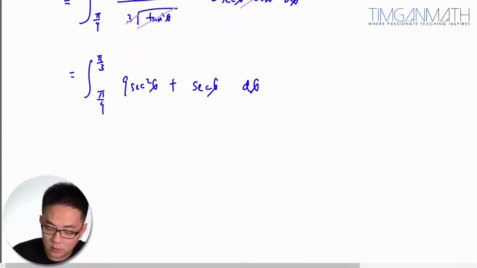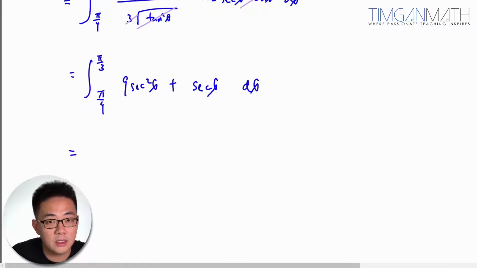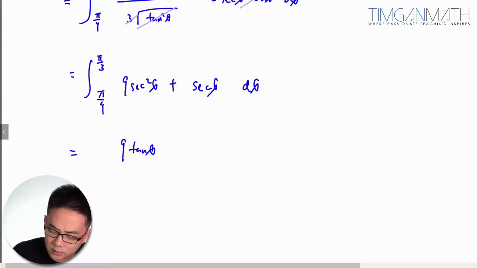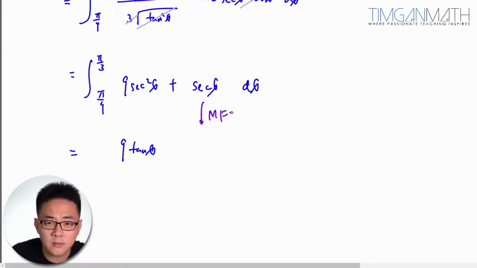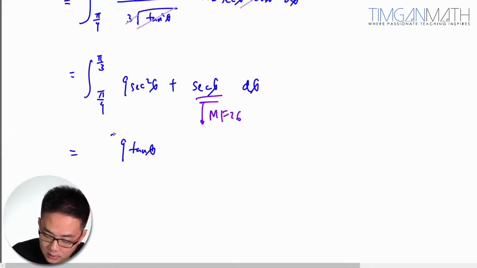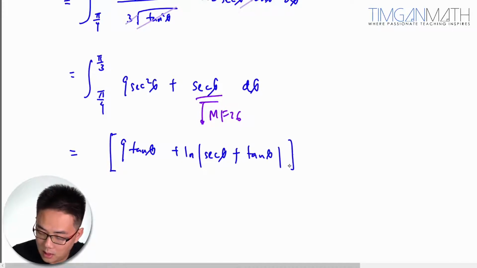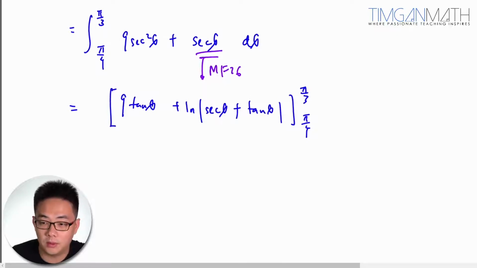Now once you get this, you should know that integrating secant squared is just tangent theta. Integrating secant is from MF26, which will give you ln modulus of secant theta plus tangent theta. This will be from pi over 4 to pi over 3, and after which you just multiply.